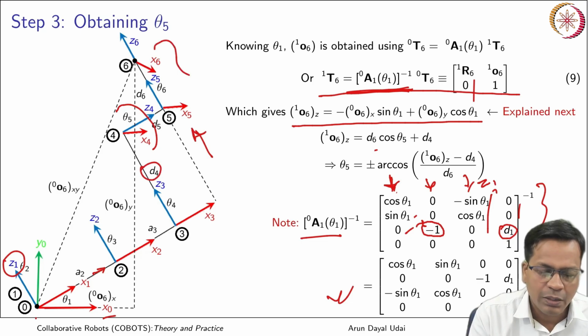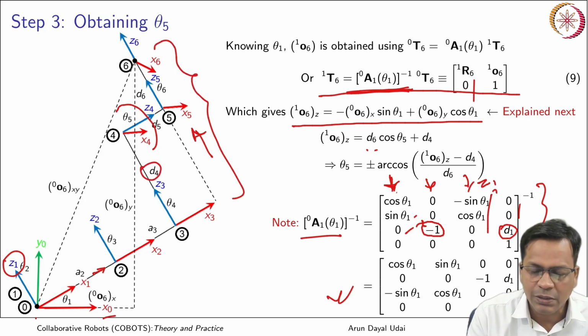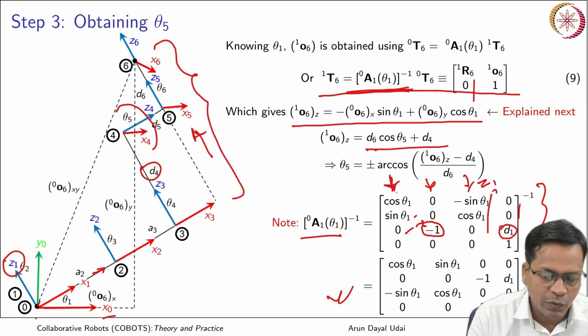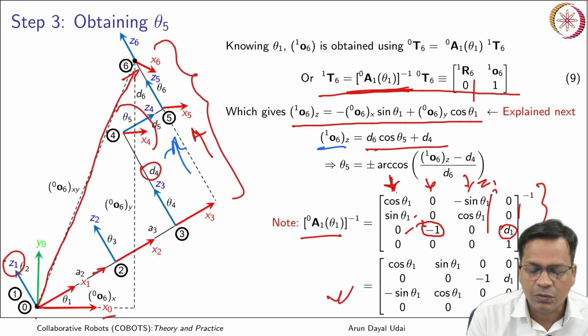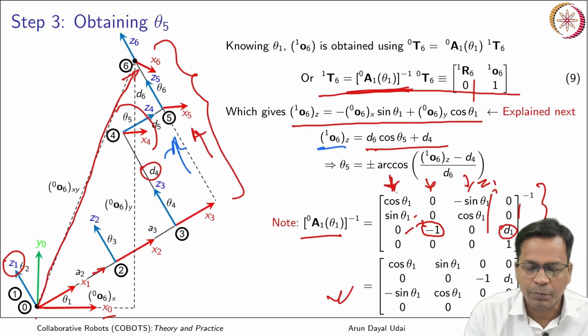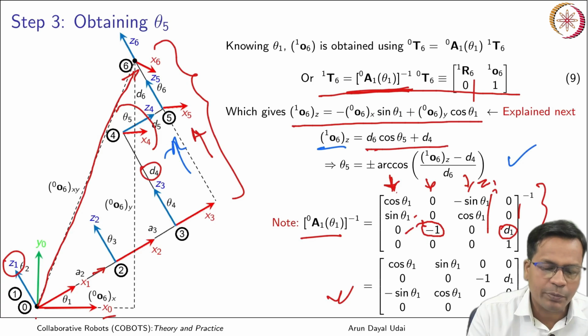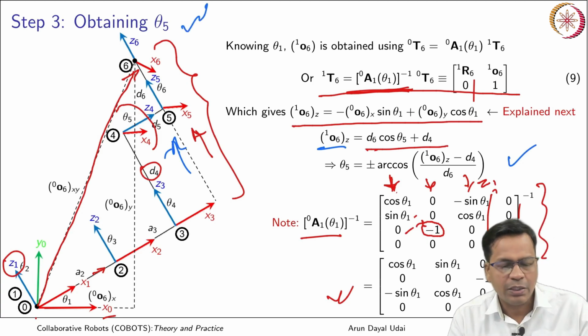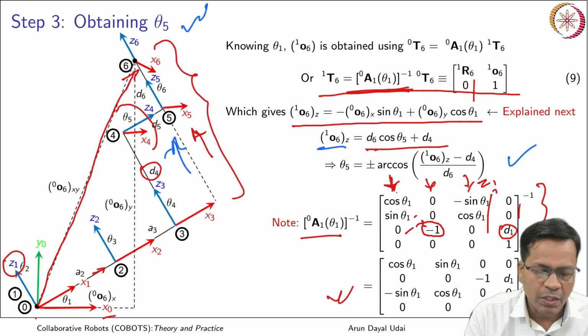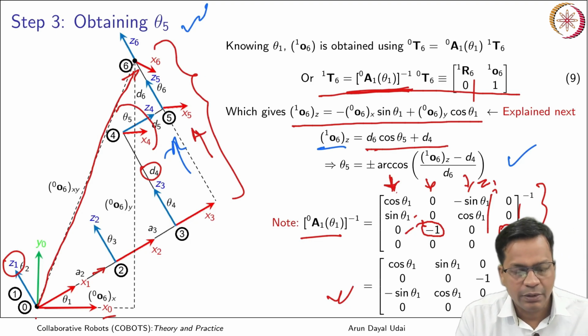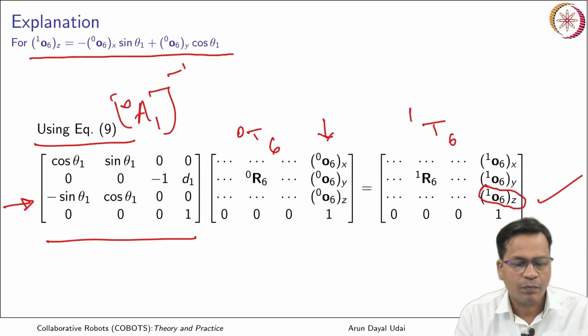So total distance along this direction is this, and 1 to 6, this vector projection along this direction is this. So equating both of them, you can obtain theta 5. So we have obtained theta 5 now. We have already obtained theta 1 in the previous step. Here we have extracted theta 5 also.